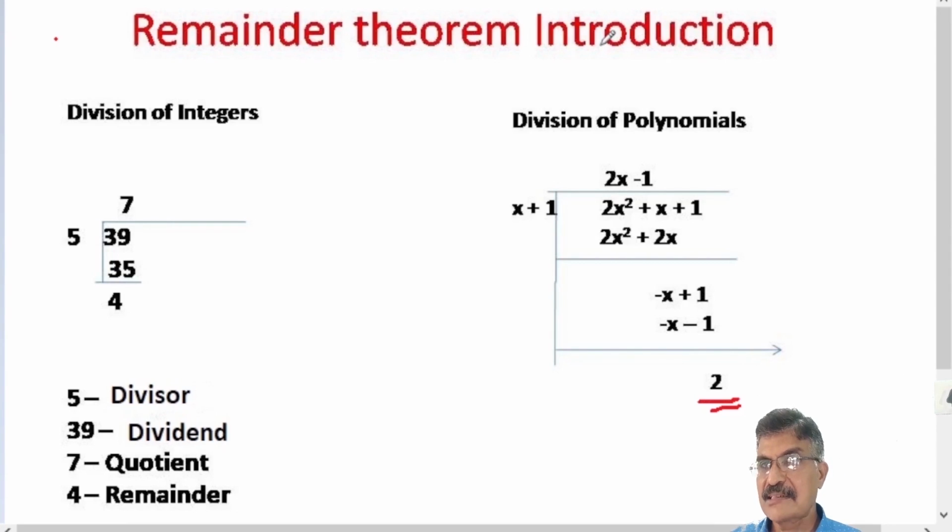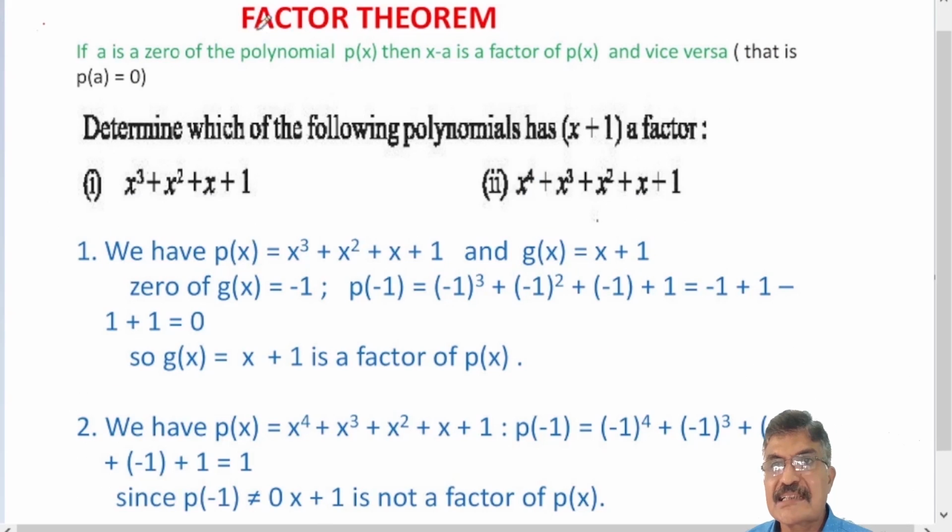Next we will do the factor theorem. If a is the 0 of the polynomial, then x minus a is a factor of p(x) and vice versa. That means if we divide polynomial p(x) with x minus a, the remainder is p(a).